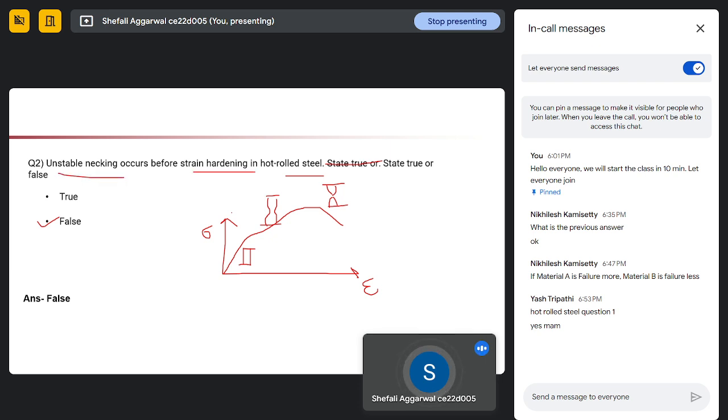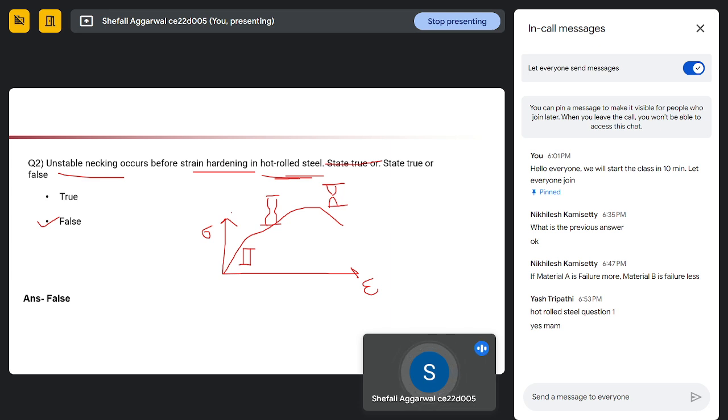So it is a false statement, because in case of hot rolled steel, our necking will change from here to here. That breakage of our material will be completely stable, because of the way this type of steel is formed.